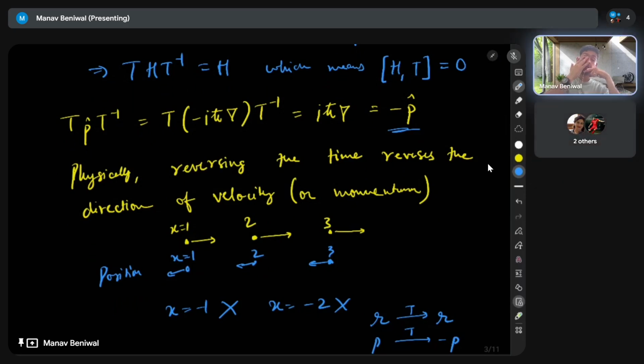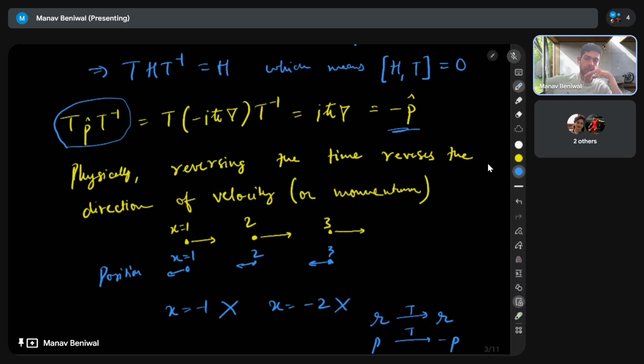Okay, so when you have this T on both sides of your P, first of all, one thing that I should also mention is that T is a unitary operator.